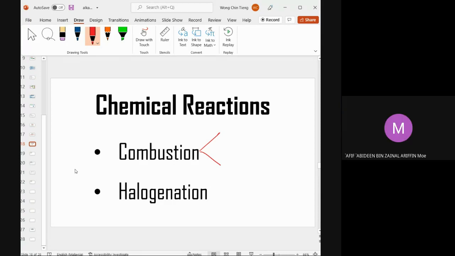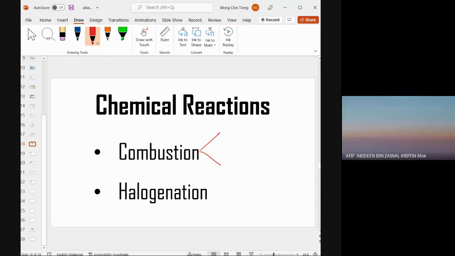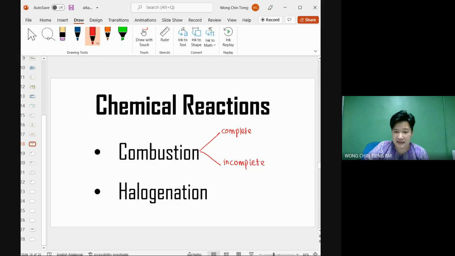Two. The first one, complete combustion in excess of oxygen, and incomplete combustion in limited oxygen. Betul? Aina.